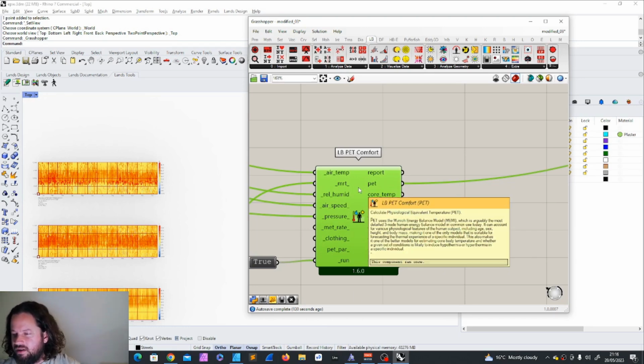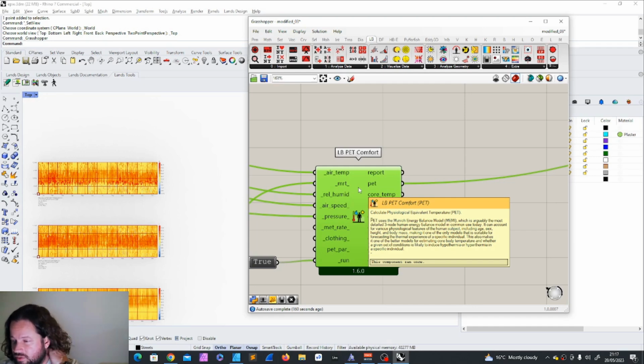Okay, the PET uses the Munich energy balance model, which is arguably the most detailed free-node human energy balance model in common use today. It can account for various physiological features of the human subject, including age, sex, height, and body mass, making it one of the only models that is suitable for forecasting the thermal experience of a specific individual.